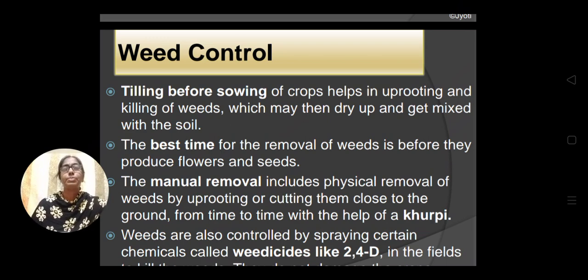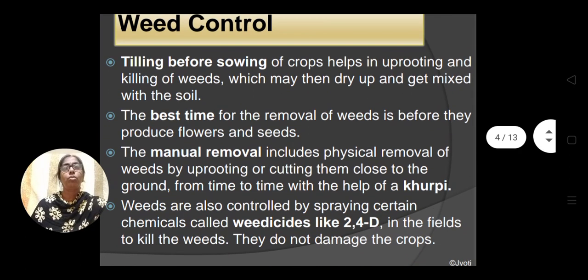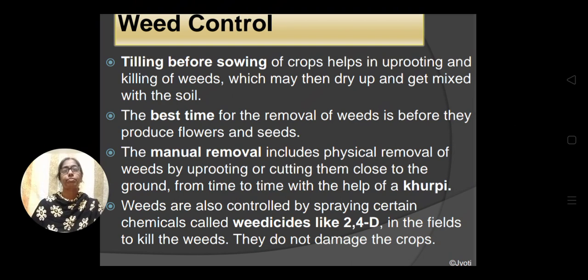When we spray the weedicides, you may be thinking that it may harm the crops. No, the weedicides will harm the weeds only. It will destroy the weeds only. It will prevent the growth of the weeds only. It will in no way affect the growth of the crops.